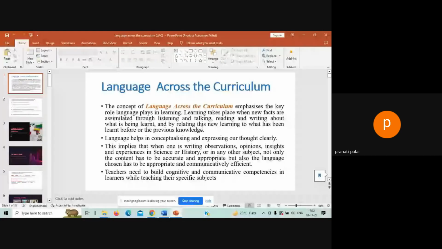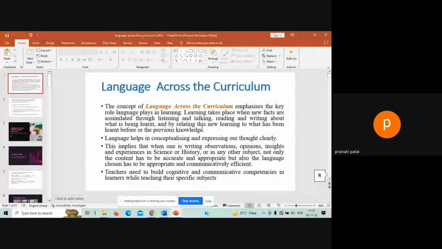Next thing is that language helps in conceptualizing and expressing our thoughts clearly. Suppose we have some concept in our mind. You might have come across some people among you who are very intelligent or who have better ideas, but they are unable to express themselves because they are lacking the expression skill.